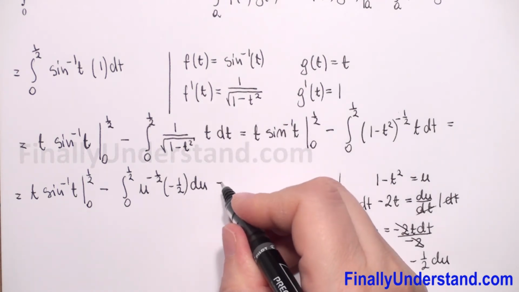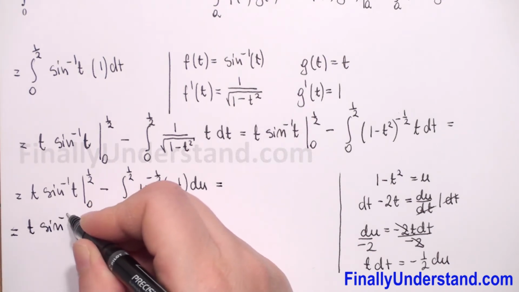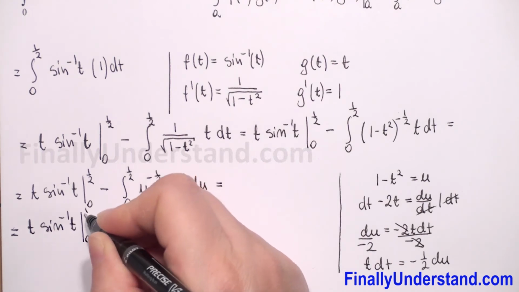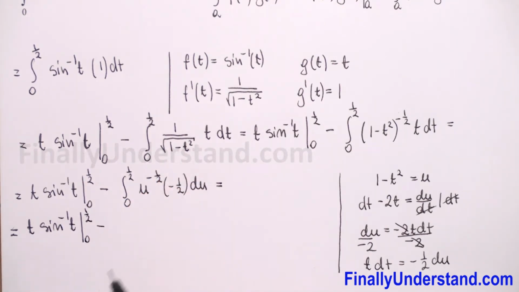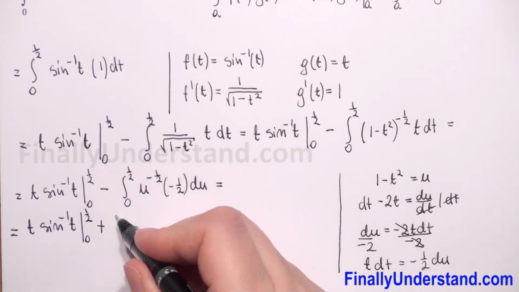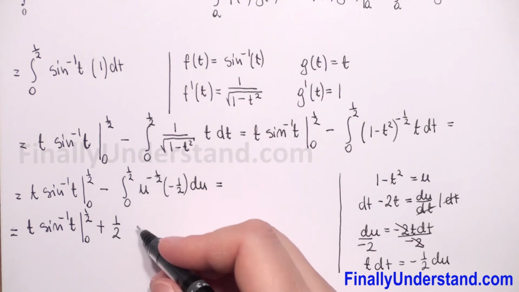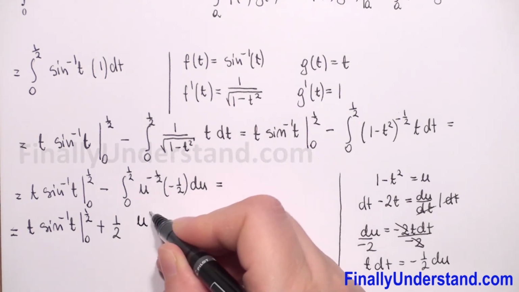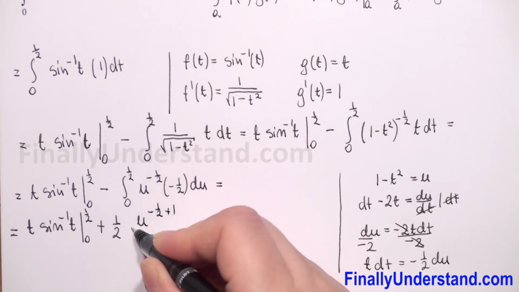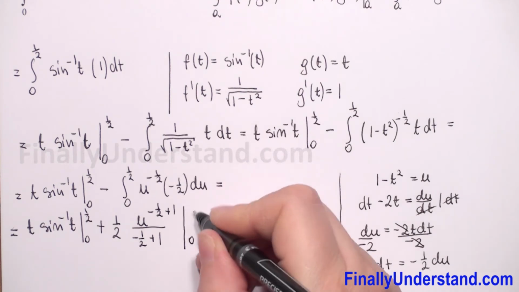So this is equal to t inverse sine of t, limits from 0 to 1/2, minus, and now we have negative and negative, so we change this to a positive sign. 1/2 I will take before the integral symbol, and we use the power function formula: u to the power negative 1/2 plus 1, over the same exponent, with limits from 0 to 1/2.